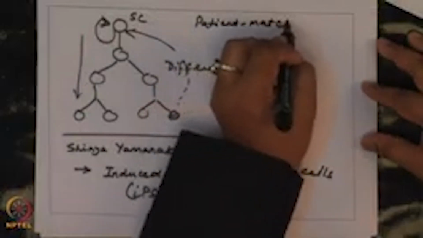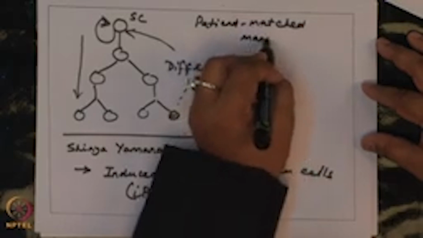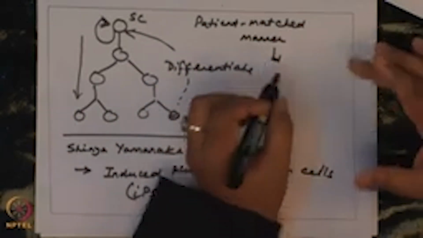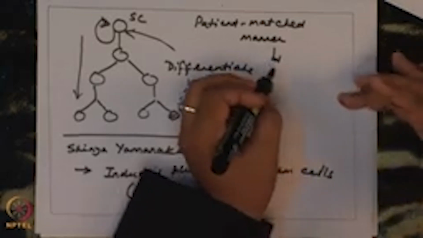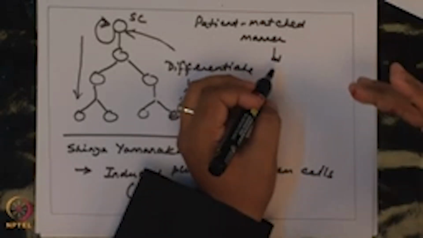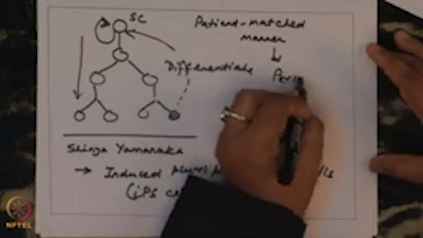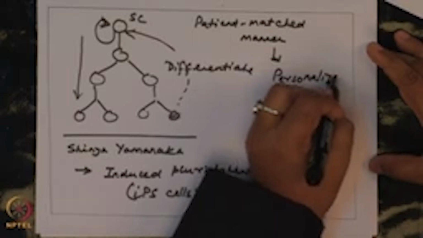What does this mean? That each patient can generate her own pluripotent stem cell line. And this is the beauty of personalized medicine.